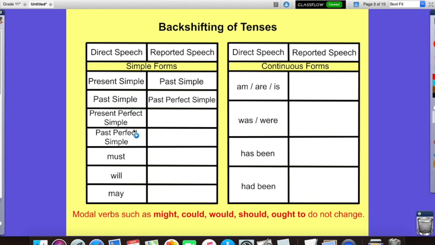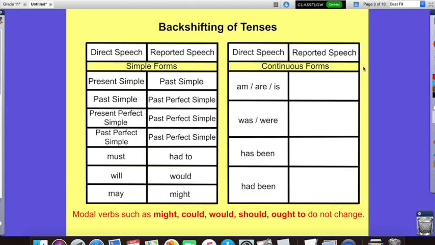Present perfect simple changes to past perfect simple. Past perfect simple does not change. Must changes to had to. Will changes to would. And may changes to might.